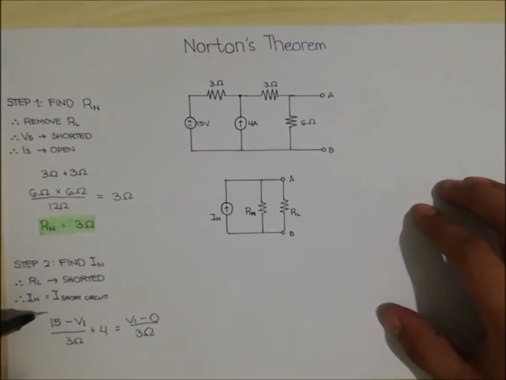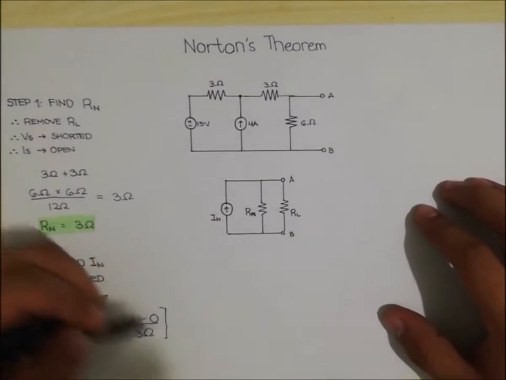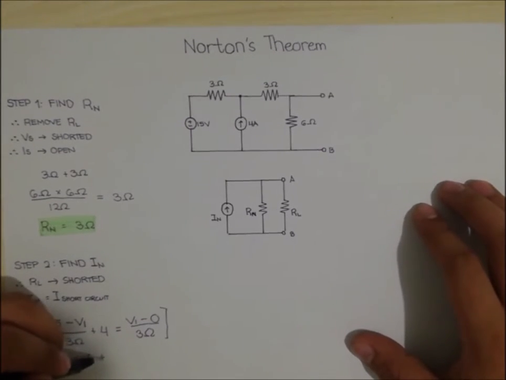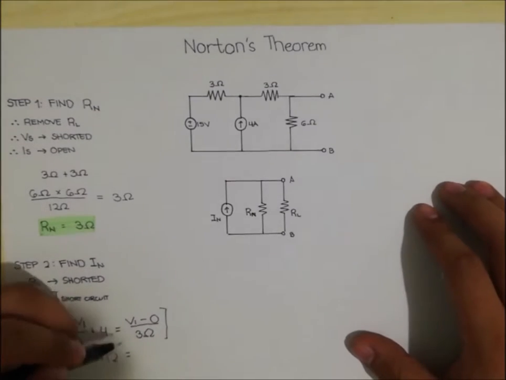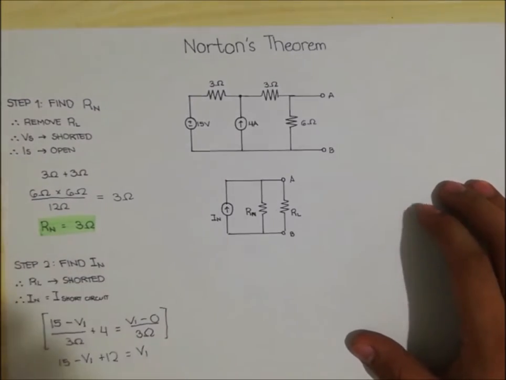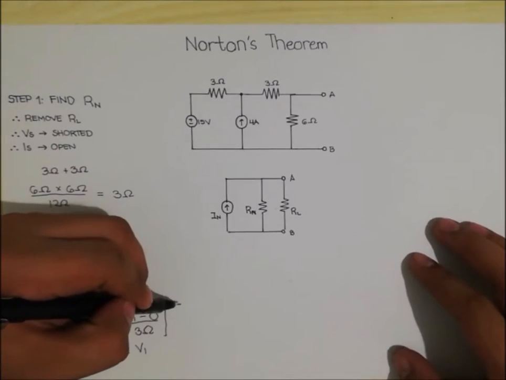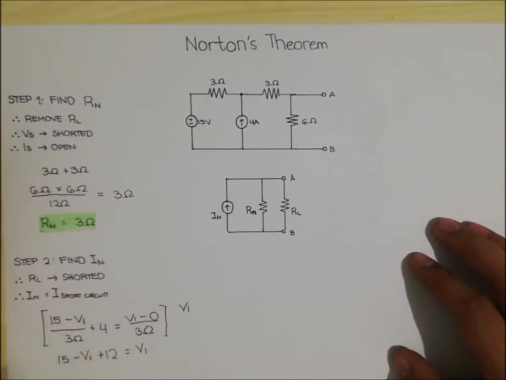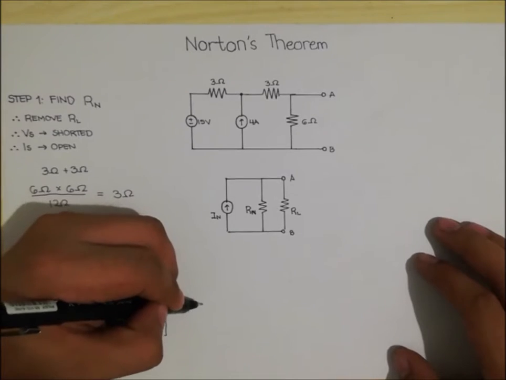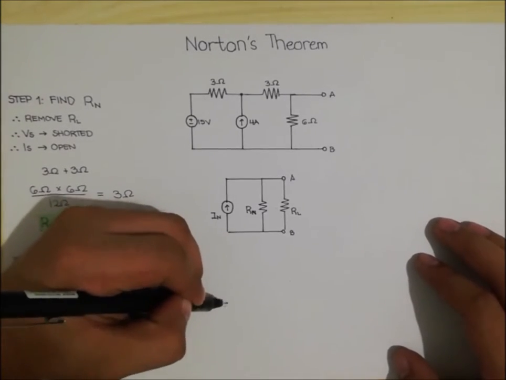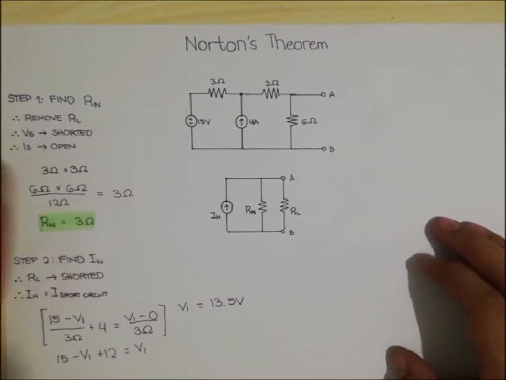Let us multiply the whole equation by 3, and that leaves us 15 minus V sub 1 plus 12 equals V sub 1. Solving for V sub 1 using algebra, that leaves us 13.5 volts.